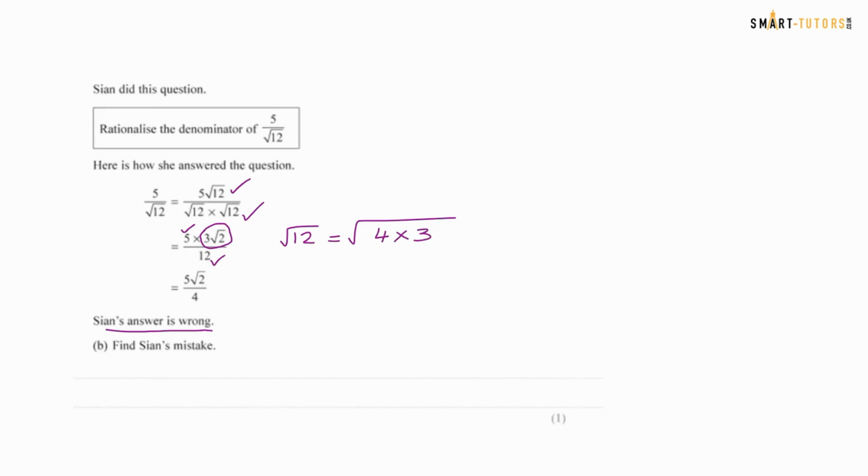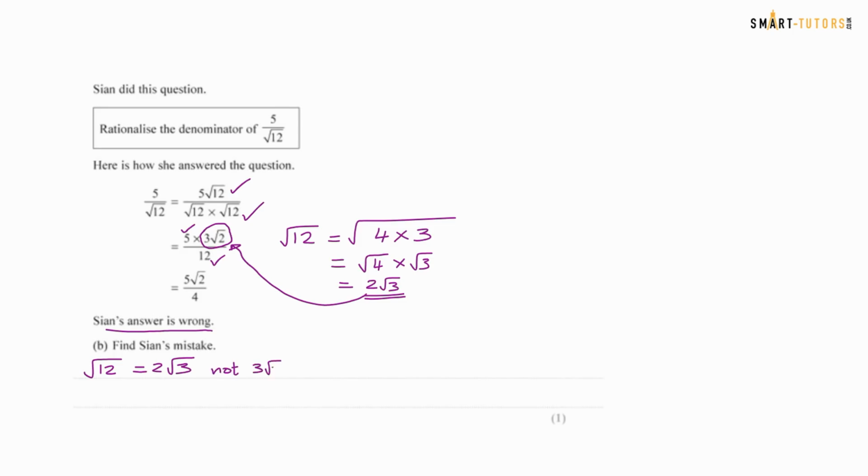Let me explain that. Square root of 12 is square root of 4 times 3, because 4 times 3 is 12. Square root of 4 times square root of 3. Square root of 4 is a known number, so 2 root 3. It's a correct answer, but she put it as 3 root 2.